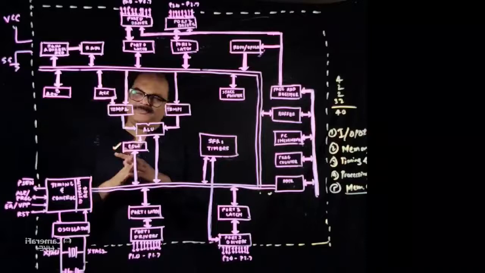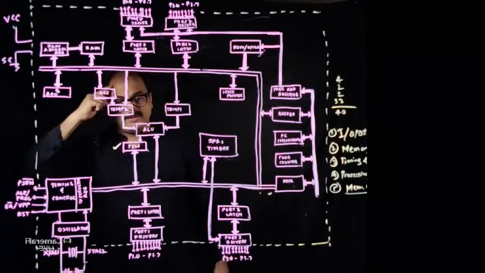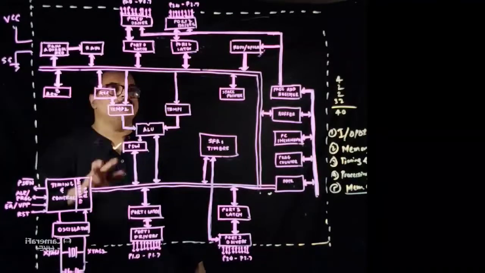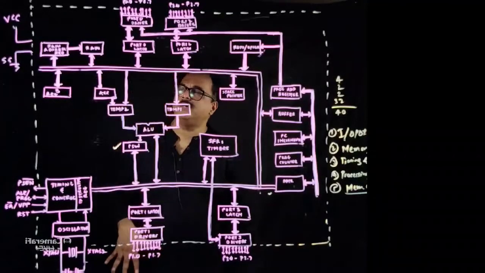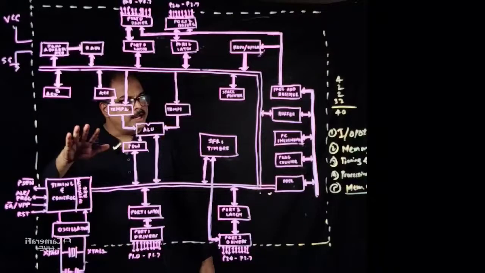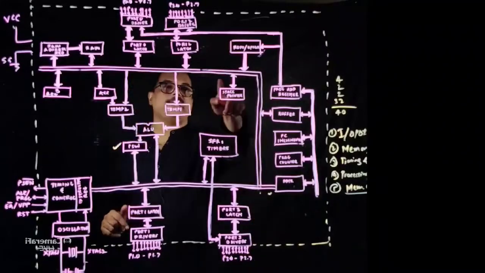That is where the B register comes into the picture. And obviously when you see the different programs related to multiplication and division, you will understand the exact role of the B register. For the time being, remember this B register is used in multiplication and division operations. Then there is a stack pointer.